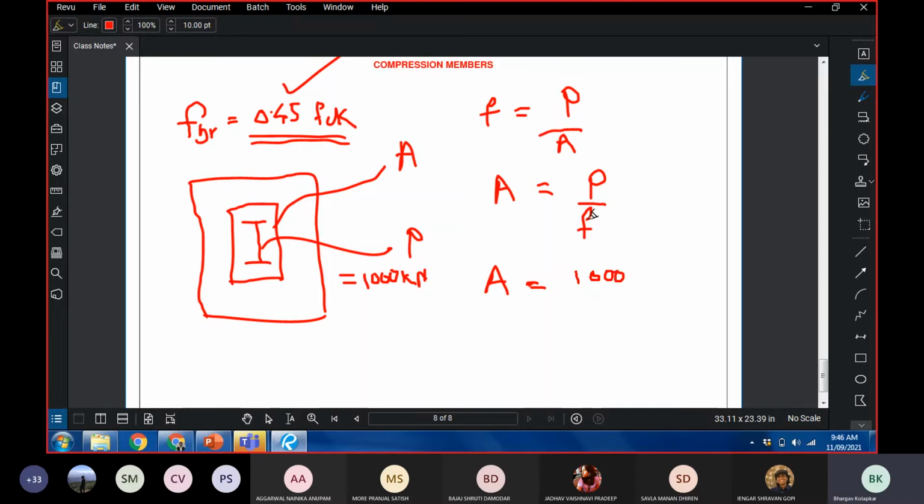Now, since stress is in megapascals, which is Newton per mm square, we have to use the force in Newton. So 1000 kilonewton is 1000 into 1000 Newton, and the stress is 0.45 times 30 megapascals, which is Newton per mm square.